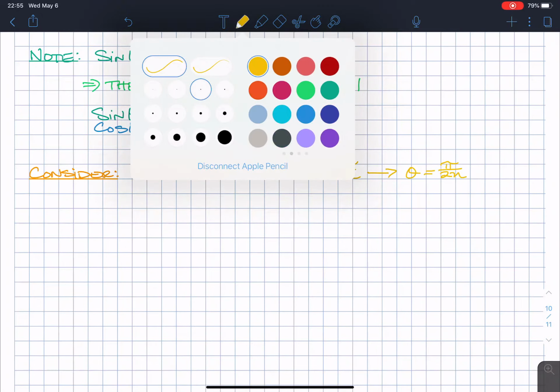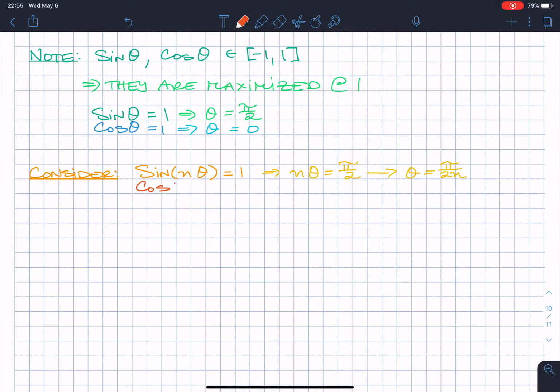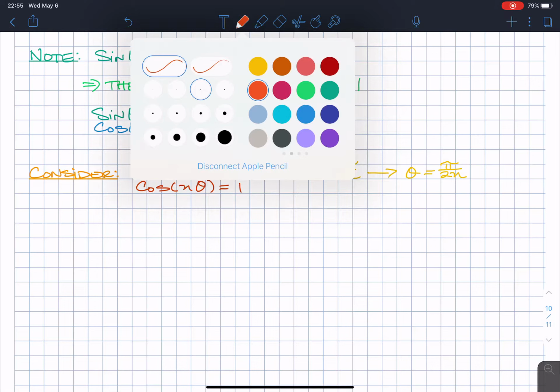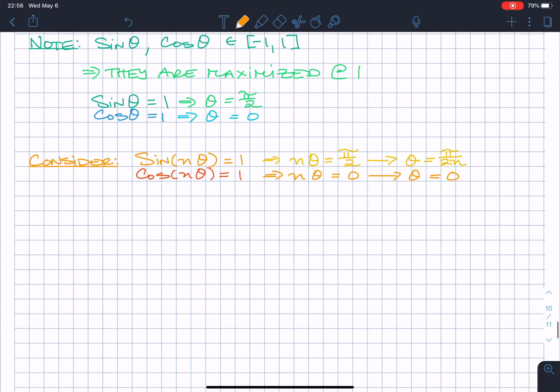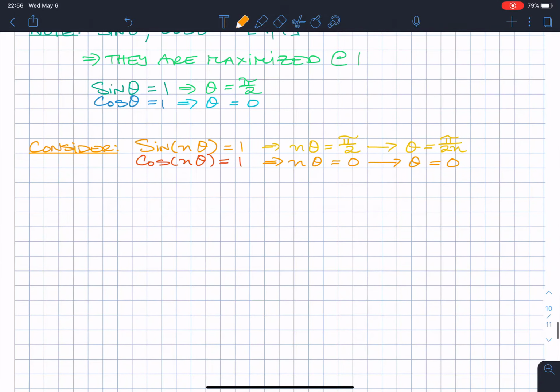And similarly for cosine of n theta equal to 1, n theta in this case must be 0. Dividing both sides by n, I get that theta is 0. So that's the maximum value for both. The max for sine is at pi over 2n, and the max for cosine is at 0.